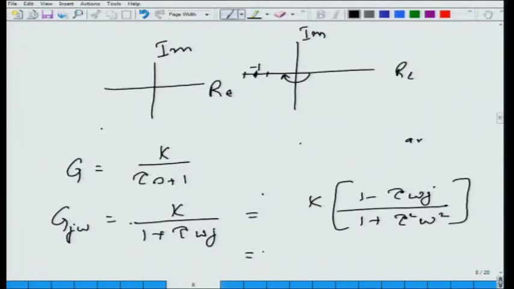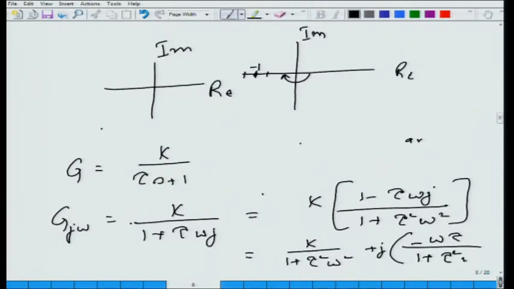and therefore, what you will get is the real part of this complex number is k by 1 plus tau square omega square, and the imaginary part is plus j into minus omega tau divided by 1 plus tau square omega square. Okay.